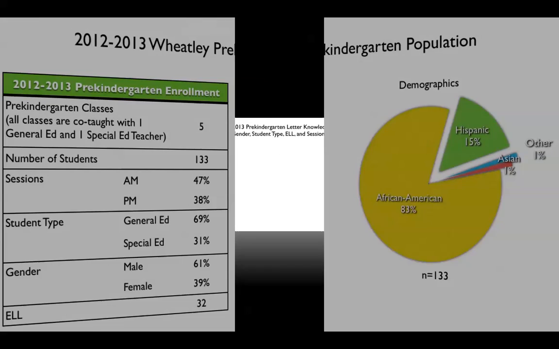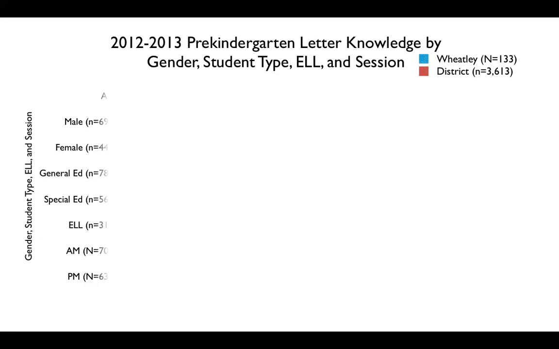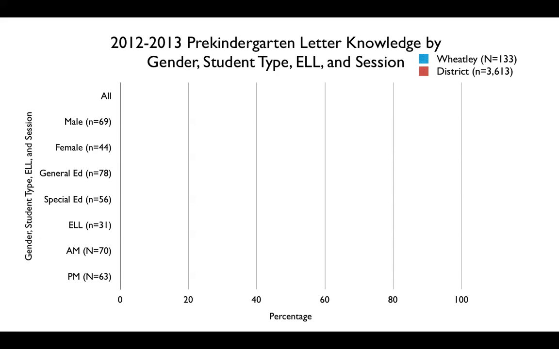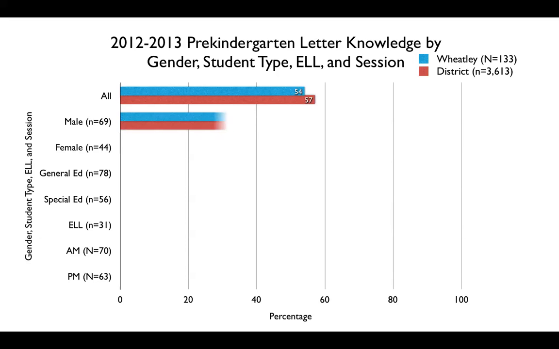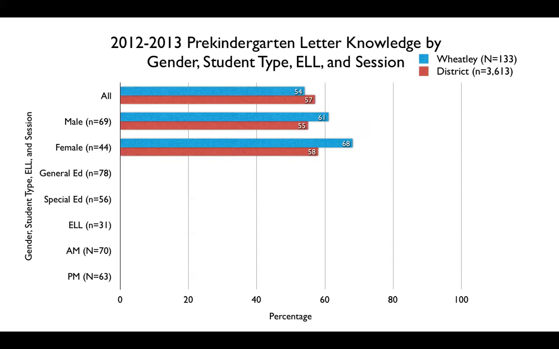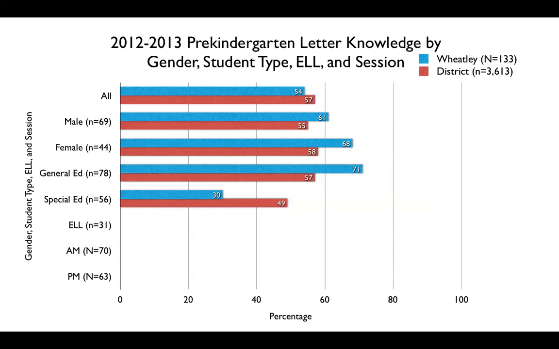Now let's start looking at our students' performance based on gender, student type, language proficiency, and session, compared to the county data. Look at the graph and write down what you see.